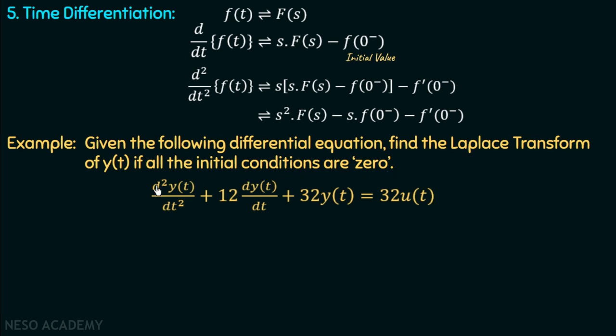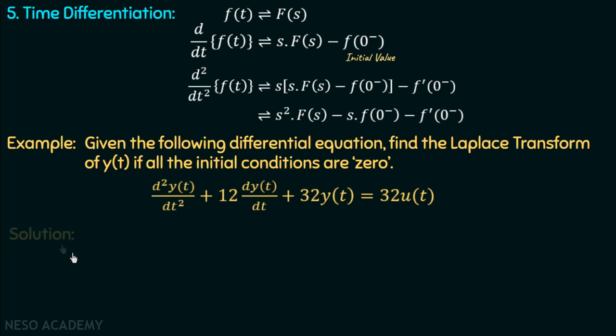The differential equation is d square y of t over dt square plus 12 multiplied dy of t over dt plus 32 y of t is equal to 32 u of t. Now when we apply the Laplace transform on both sides to calculate the Laplace transform of y of t, we will calculate the Laplace transform of these functions by using the time differentiation property.